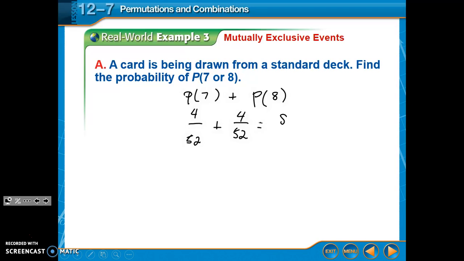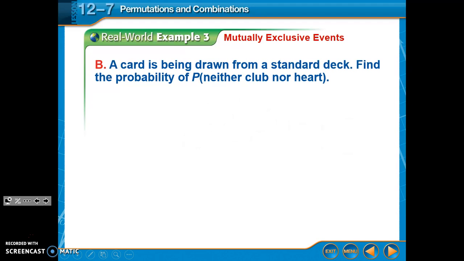Okay, so altogether I get 8 out of 52, which reduces to 4 over 26, or 2 over 13. So 2 out of 13 would be the probability of picking a 7 or an 8.